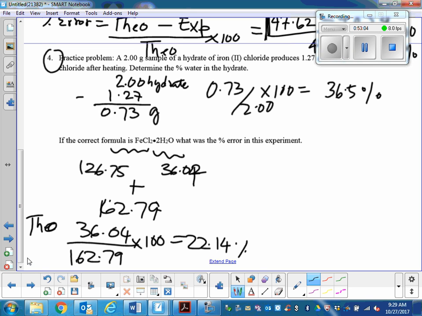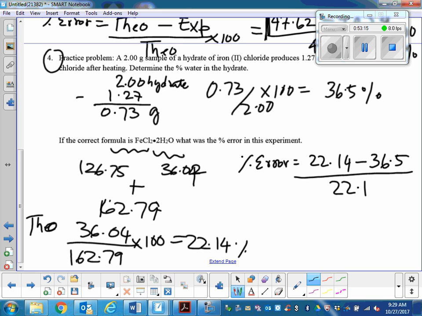22.14%. So now I calculate my percent error. Is that right? 22.14 minus 36.5 divided by 22.14 times 100, right? What is the answer? How much, Cody? 30.058. Because that's like for experimental minus... This is the experimental.